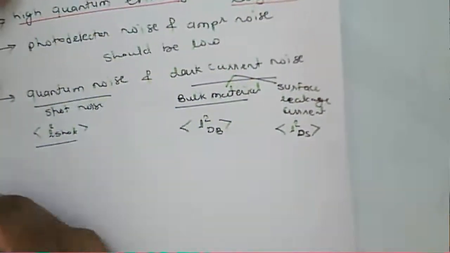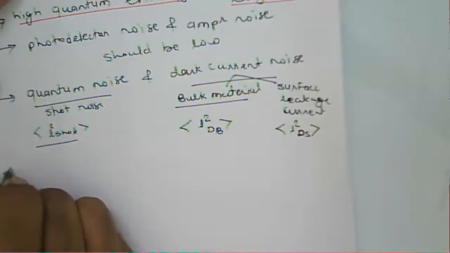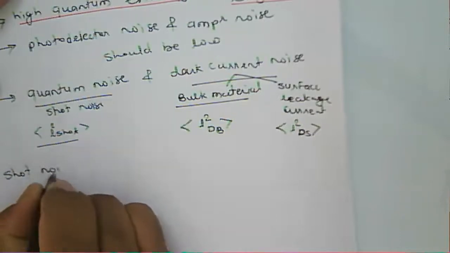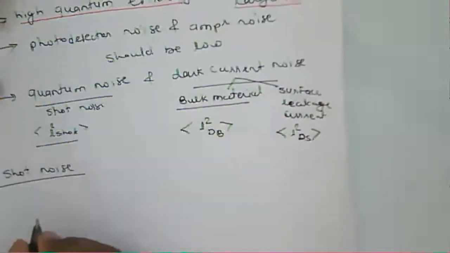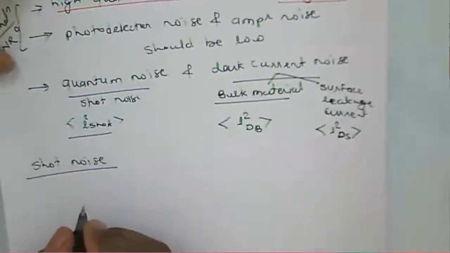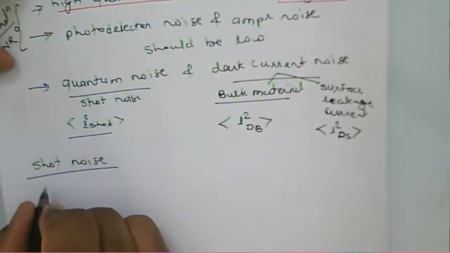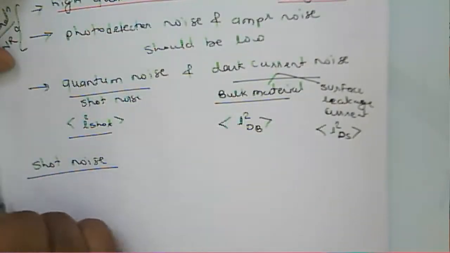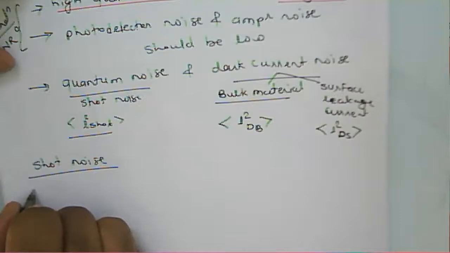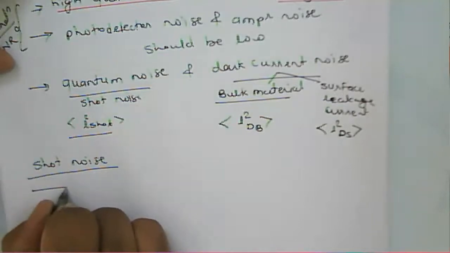Now we will see one by one. First, quantum noise or shot noise. This shot noise arises from the statistical nature of the production and collection of photoelectrons.